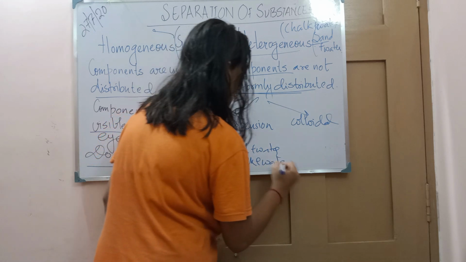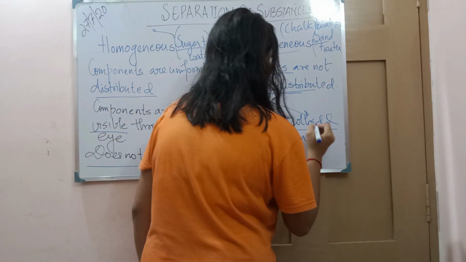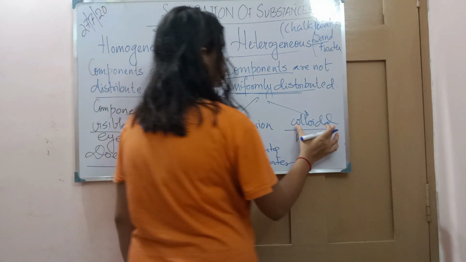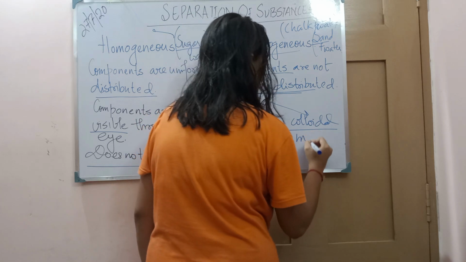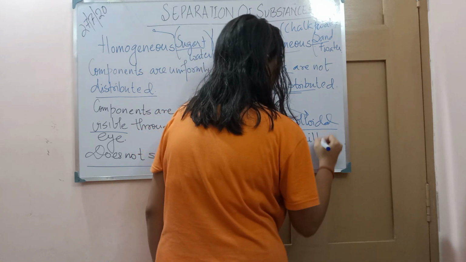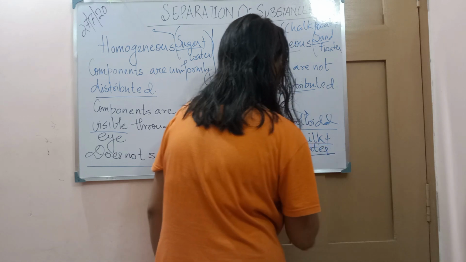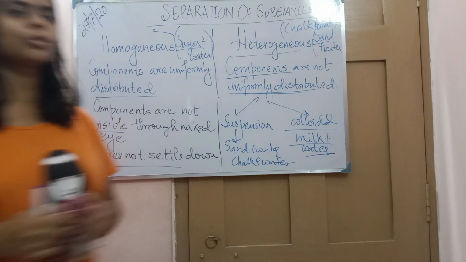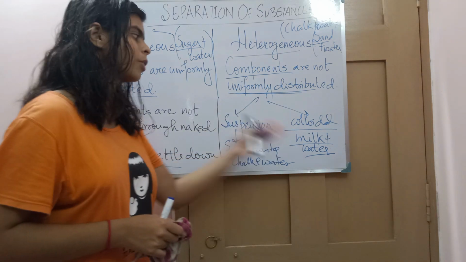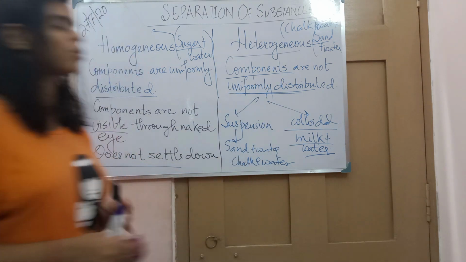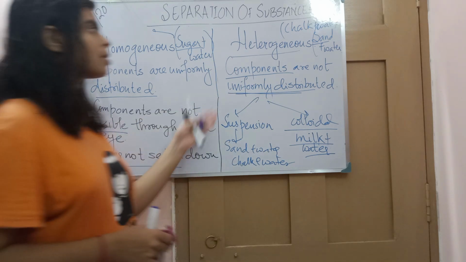But under heterogeneous, there is one more type of mixture, that is the colloidal mixture. Under this comes milk plus water, which is also a heterogeneous mixture but comes under the colloidal mixture. The rest, sand plus water and chalk plus water, all come under suspension.